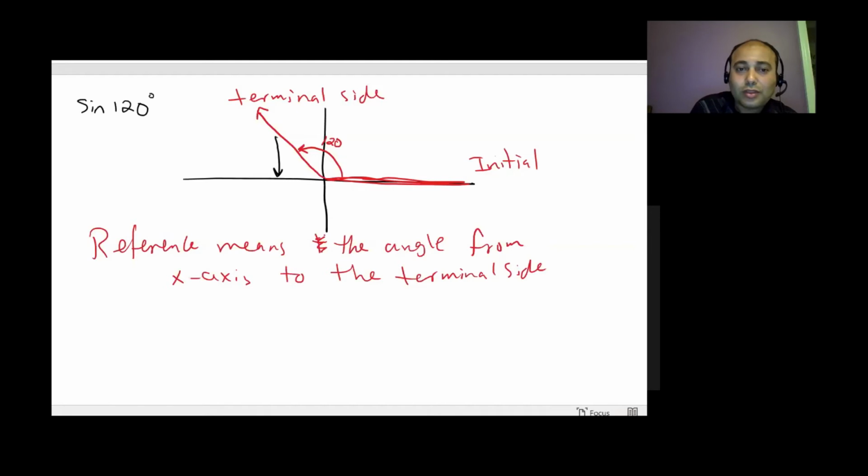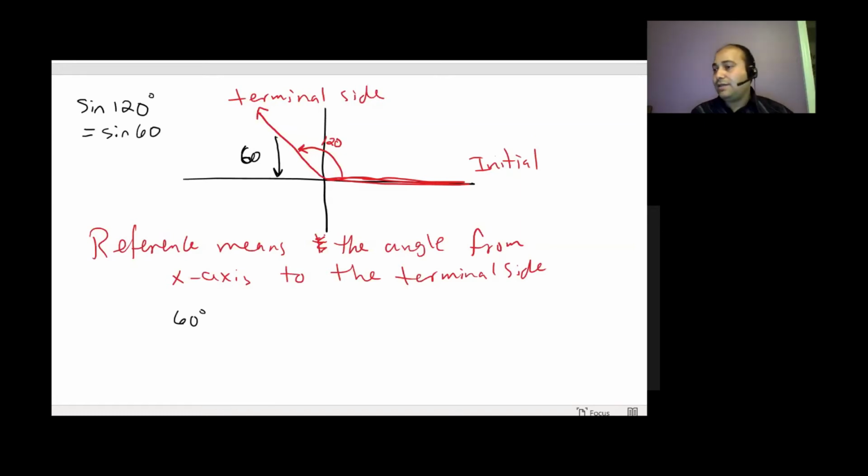If this whole thing is 120, the angle from here to here is supposed to be what? It's supposed to be 60 degrees. That's the reference angle. So sine 120 is equal to sine 60 degrees.